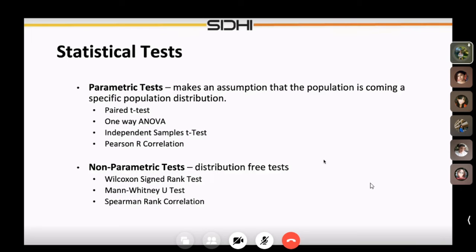Now, the most common question in conducting research is, what test should I conduct on my data? And the most common answer is, what's your hypothesis and what are you trying to prove?